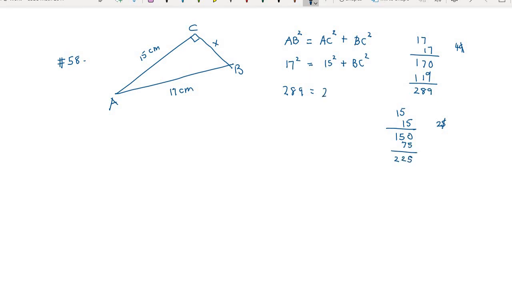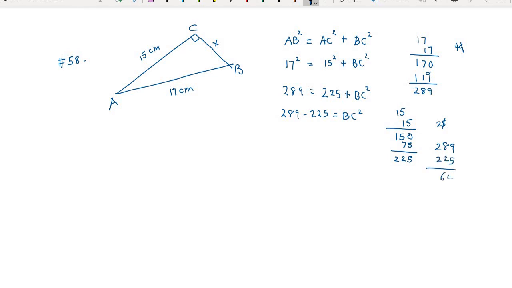So this will be 225 plus BC square. So 289 minus 225 would equal BC square. So let's do the subtraction across here. 289 minus 225.